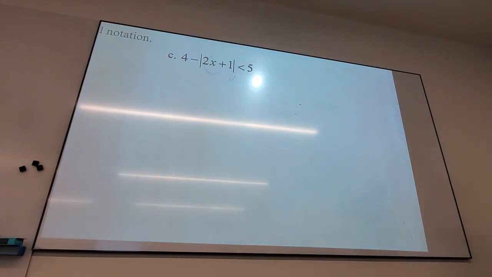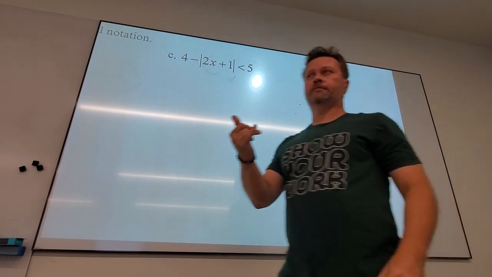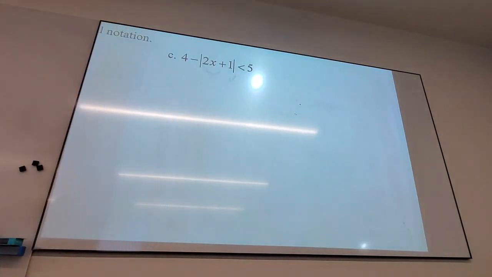Do you distribute the negative or do you divide by a negative? You can't distribute the negative because you can't go into or out of an absolute value. You're going to have to divide it. In which case, you got to be careful, because you have an inequality.